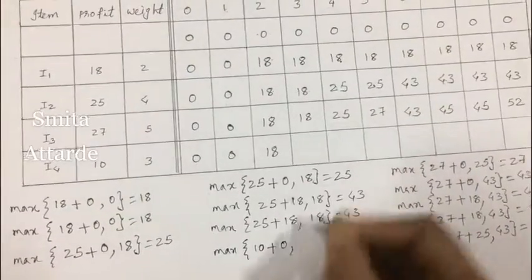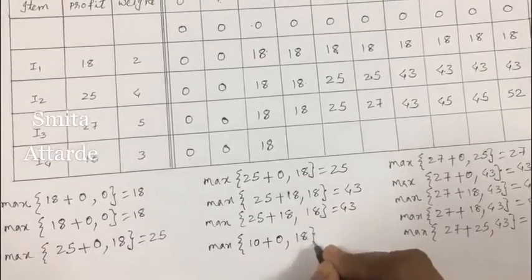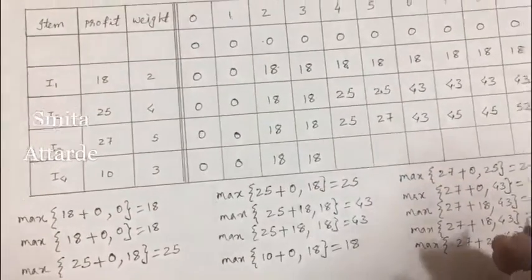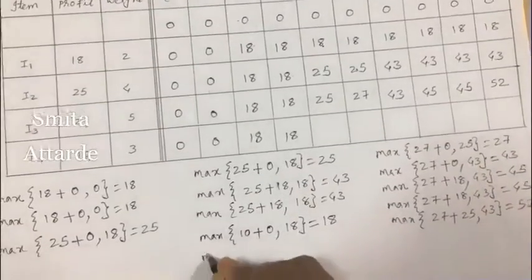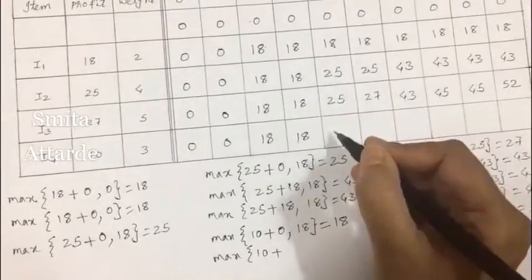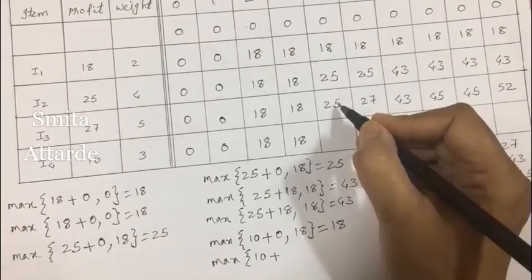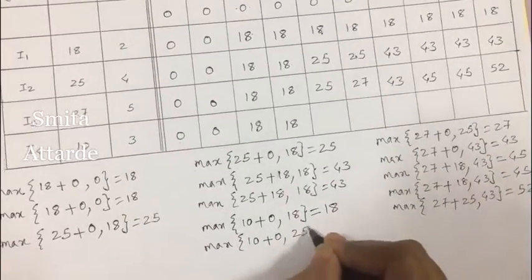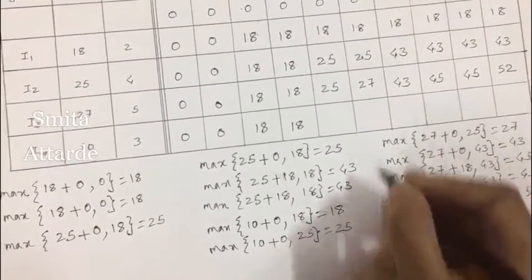So 10 plus 0 and the above value is 18. So the value is 18. Now the next here, again max, the profit of this item is 10 plus, one row above and 3 steps behind. So 0 and the above value is 25. So I get here 25.